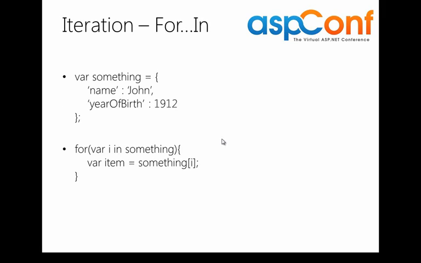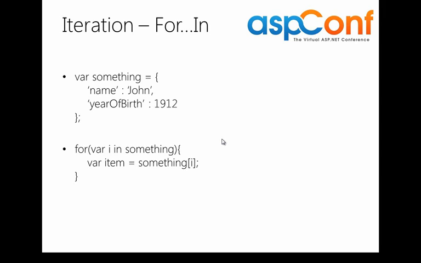Right. For-in is actually used to iterate over properties of objects, not array and array-like objects. So although an array in terms of JavaScript is also an object, it's typically better to avoid using for-in to iterate over arrays.